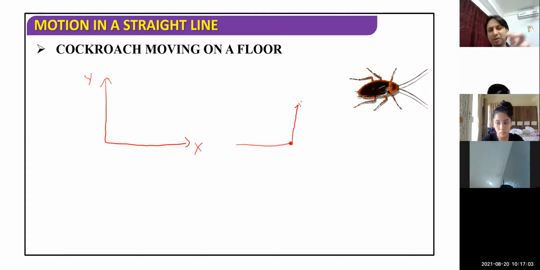So on the ground, the cockroach is moving on a floor, going in one direction, like along the positive x-axis, then it can change its direction. It can move to the other axis along the y-axis. So something like that.